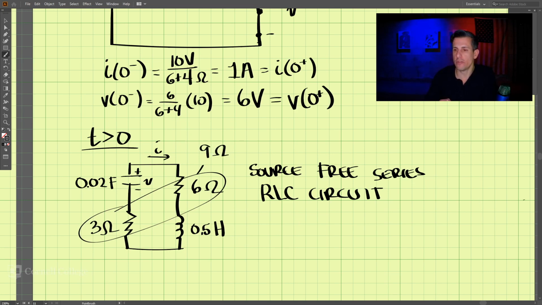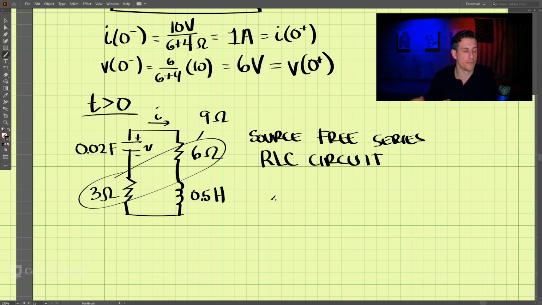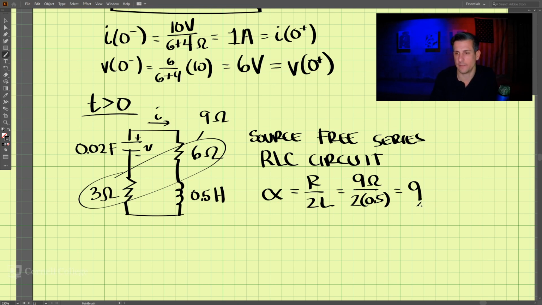To start this problem, remember we need to figure out alpha, and alpha is equal to R over 2L, which is equal to our total resistance, 9 ohms, divided by 2 times L, 2 times 0.5. So that comes out to be 9.